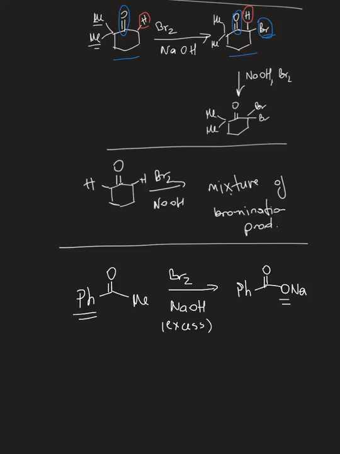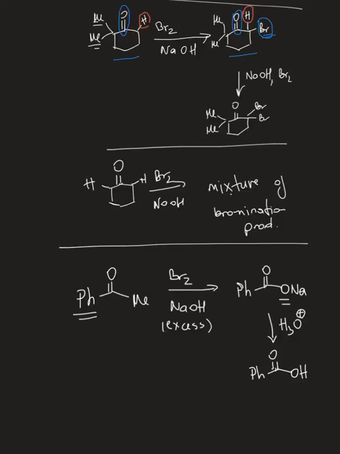So now we have inserted this oxygen here, right? And after you acidify it, now you will get the corresponding carboxylic acid. So how does this reaction work? This is actually another name reaction.